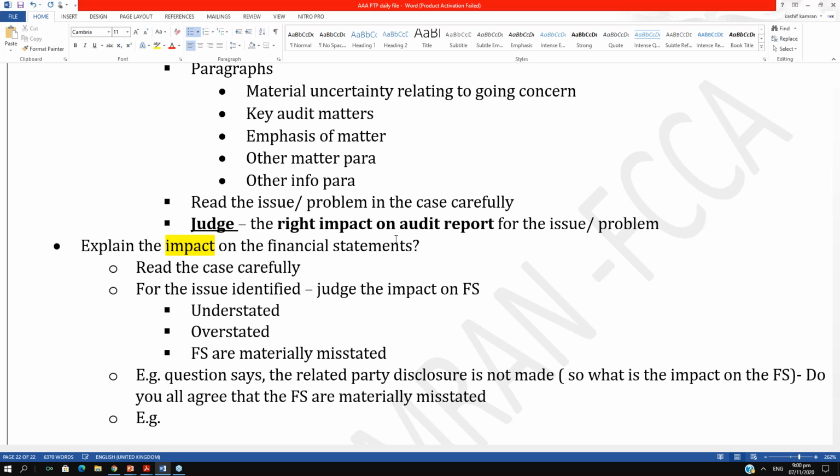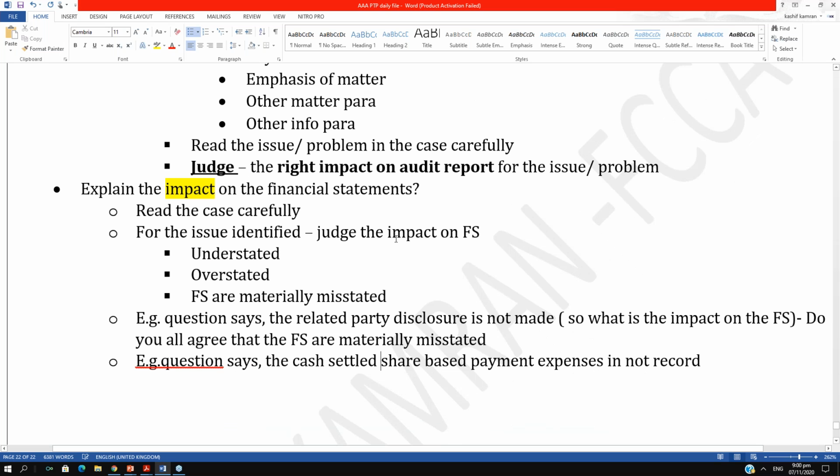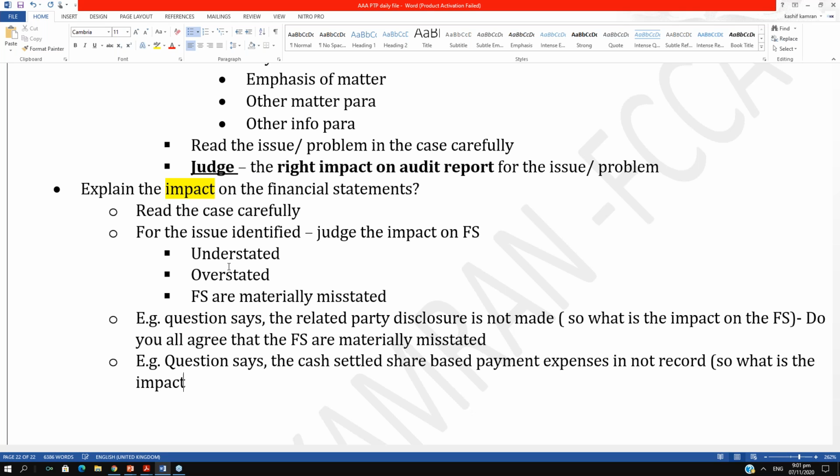Take one last example. Suppose the question says the share based payment expense is not recorded, and it is cash settled. A cash settled share based payment expense is not recorded. So what is the impact on financial statements?